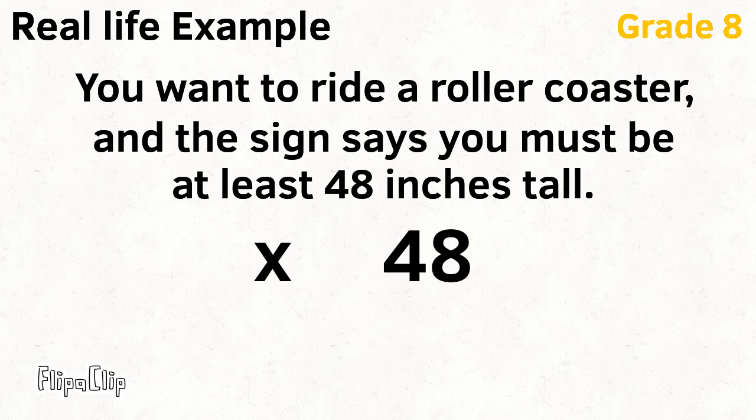We are going to use the greater than or equal to symbol because of the phrase at least, which means you have to be 48 inches to be able to ride on the roller coaster, which means anyone shorter is not allowed to ride on the roller coaster. So your height can only be 48 inches or taller so that you can be able to ride on the roller coaster. This is read as x is greater than or equal to 48.